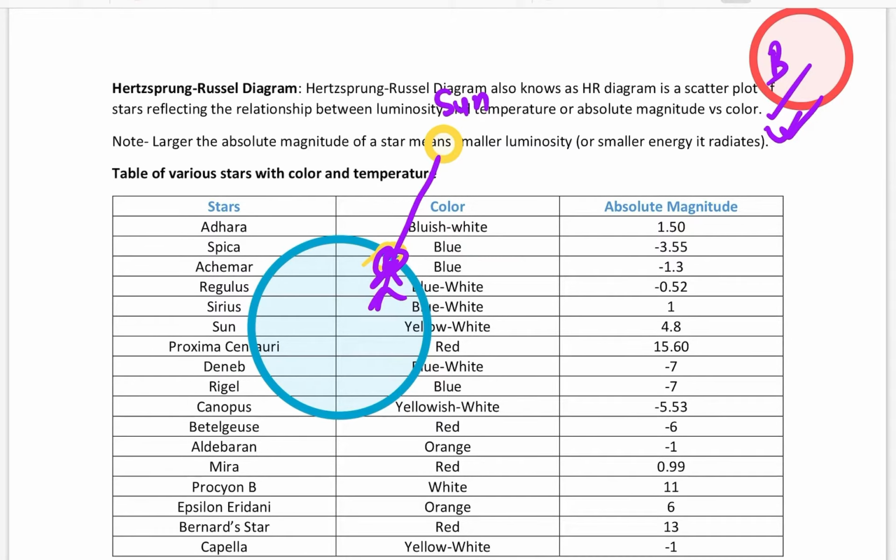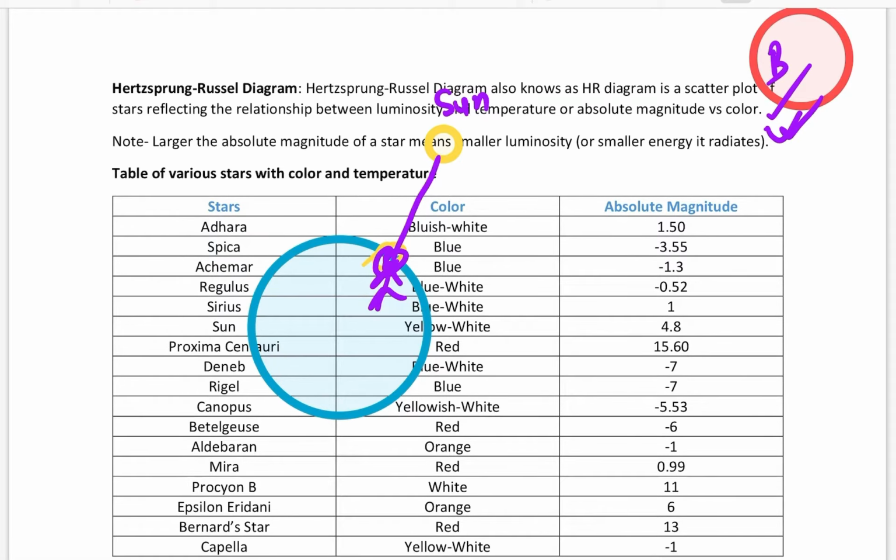But because we are at the Earth surface and the Sun is much closer to us than Betelgeuse, the Sun appears a lot brighter. So that is called the apparent magnitude. The apparent magnitude of a star is how bright it looks to us when we view it from the Earth's surface.